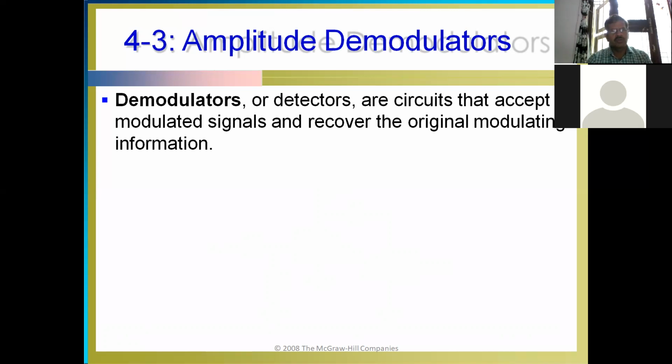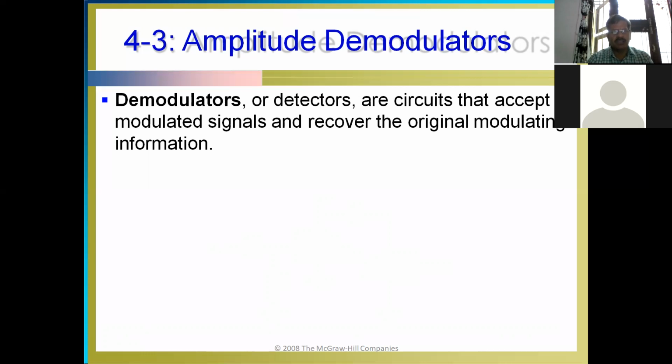Okay, so first of all, any signal, whether data signal, audio signal, or video signal, is converted into an electrical signal with the help of the modulator. Okay, and this signal is transmitted on a channel, and at the receiving point or destination point, this signal is again converted into the original signal with the help of demodulators.